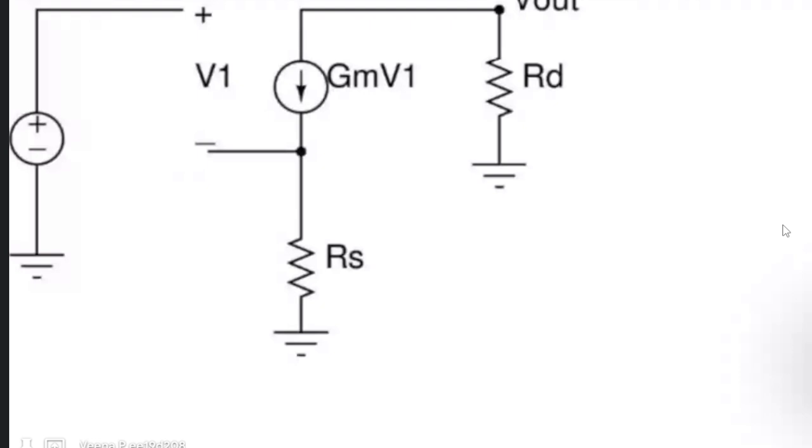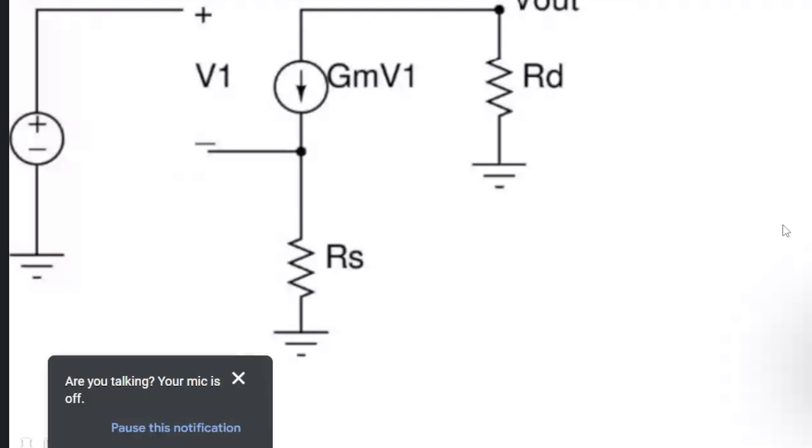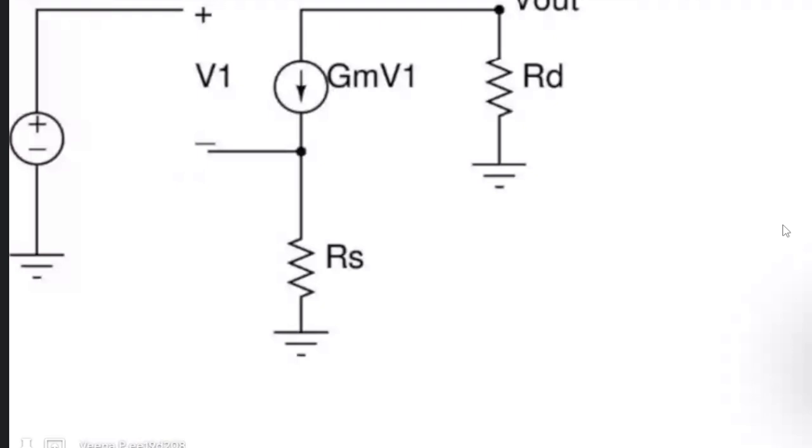Let this voltage be V. This current is GMV1, so V is nothing but GMV1 times RD. But this V has opposite polarity to V out, so it is minus V out, which gives V out as minus GMV1 times RD. So this is our second equation.